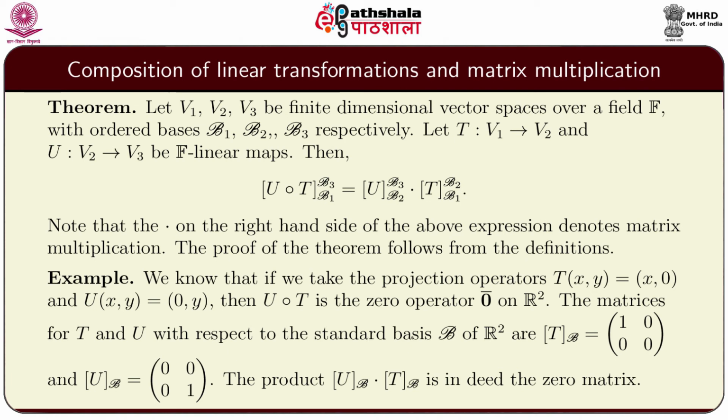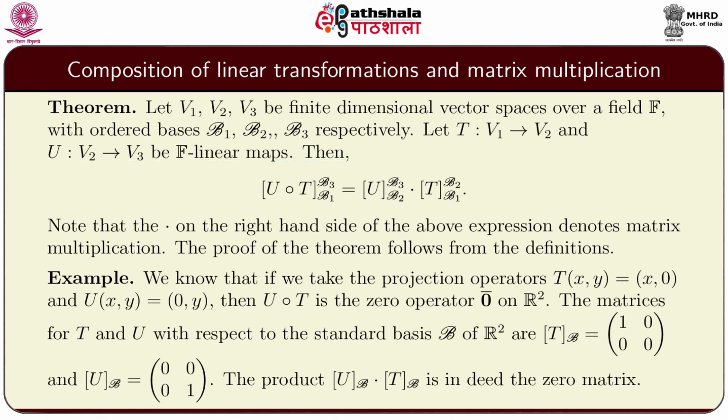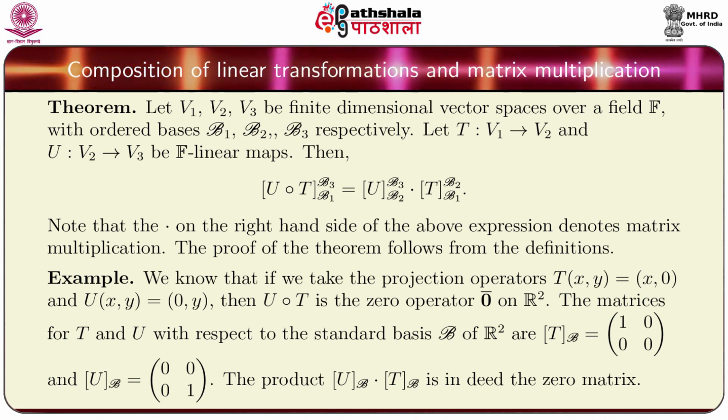Let us now understand the matrix representation for the composition function. Let V1, V2, V3 be finite dimensional vector spaces over a field F with ordered bases B1, B2, B3 respectively. Let T from V1 to V2 and U from V2 to V3 be F linear maps. Then we know that both U and T have matrix representations with respect to the said choices of bases.